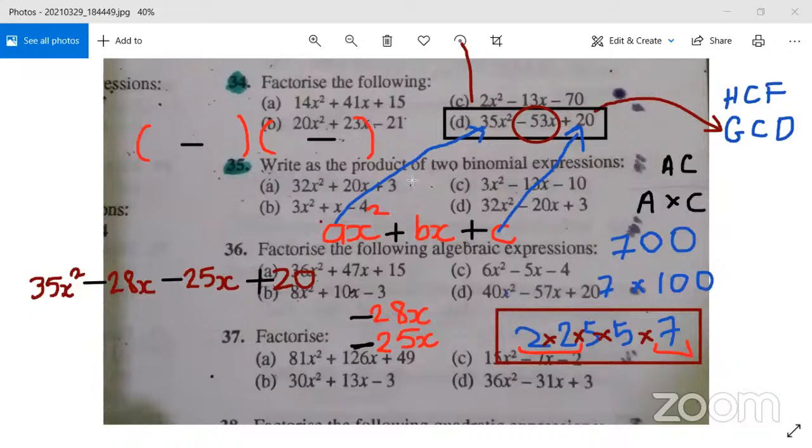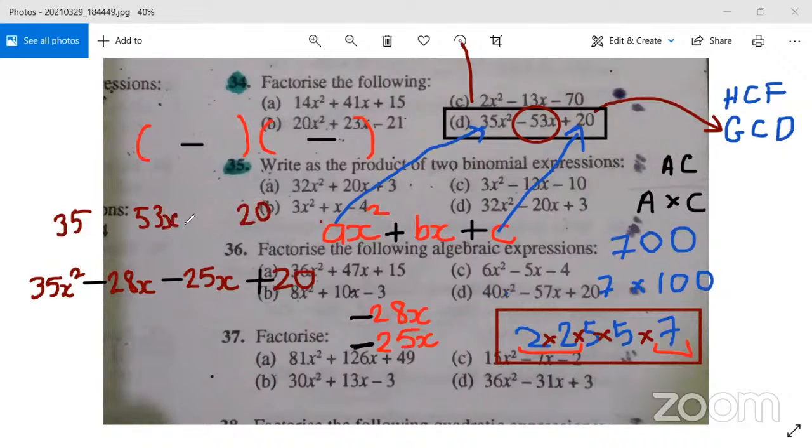So let me write something else so that we have a little bit of context here. So it means that our 35, our 53, and our 20.